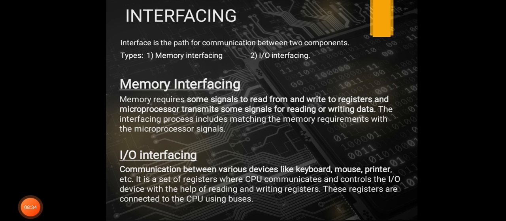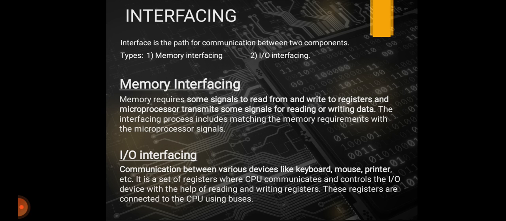Now the next topic is interfacing. Interfacing is the main thing in this subject. Interfacing is the path for communication between two components, a way of communication between two devices. There are two types. First one is memory interfacing and second one is input-output interfacing.